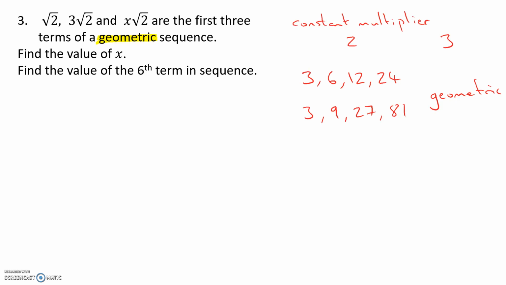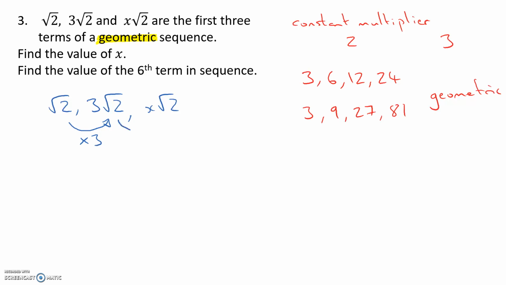Right, so what have we got to do? We've got root 2, 3 root 2. Straight away I'm thinking, root 2 times what makes 3 root 2? This is a times 3, surely. 3 times root 2 is 3 root 2, so we've found our multiplier. So what comes next? x root 2 comes next.